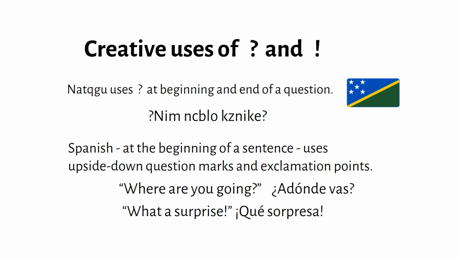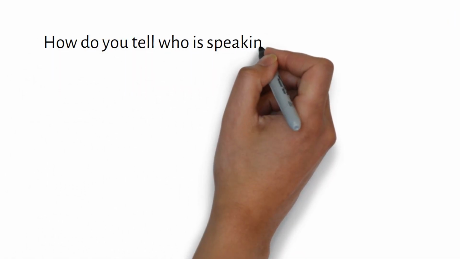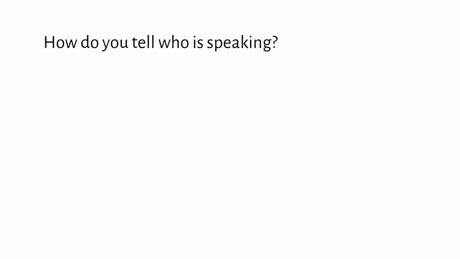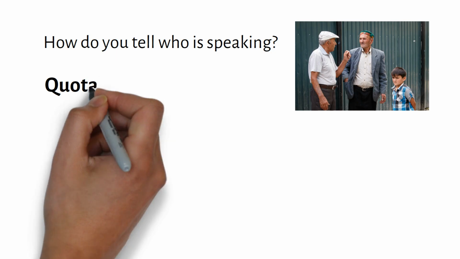It is also helpful to have punctuation marks to tell if someone is speaking. This can really help in writing local stories which have several characters. Sometimes the language itself has ways of telling who is speaking, but sometimes more punctuation is needed.